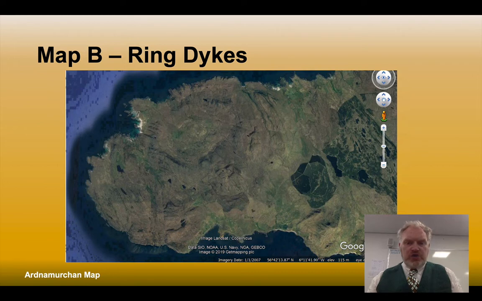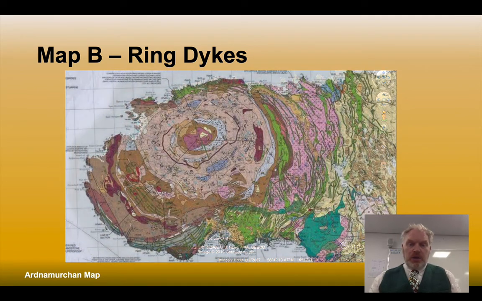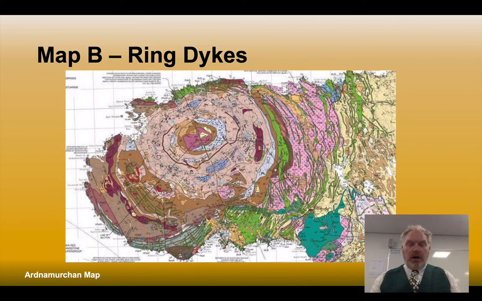If we strip back the surface vegetation here and look at the geology beneath, we can see a complex pattern of these circular igneous features. Okay, these concentric dikes forming around that igneous centre there, just in the northern part of this peninsula.